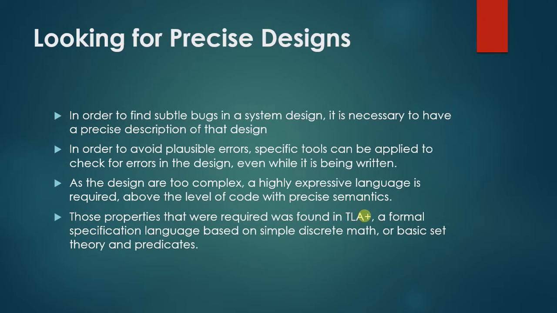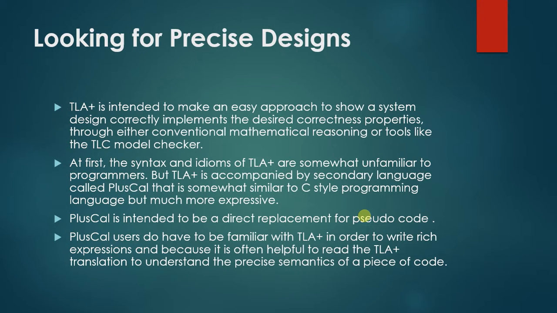So to avoid plausible errors, specific tools can be applied to check for errors in the design even while it is being written. As the designs are too complex, a highly expressive language is required above the level of code with precise semantics. These properties were found in TLA+, a formal specification language based on simple discrete math, or basic set theory and predicates.